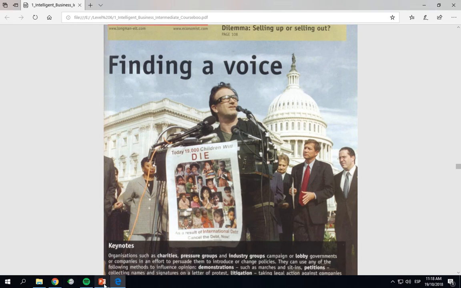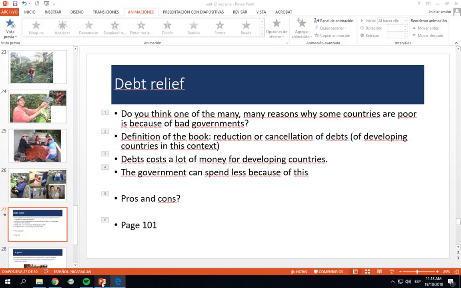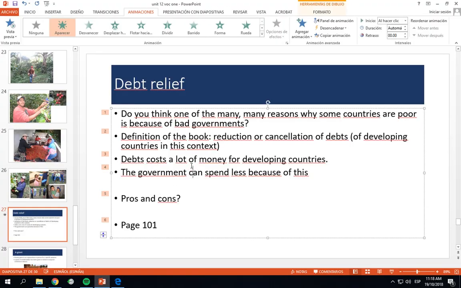Okay, so let's go here. And then again, if debts are relieved, then the government will have more money. But then again, there are also some people who are critical about this.